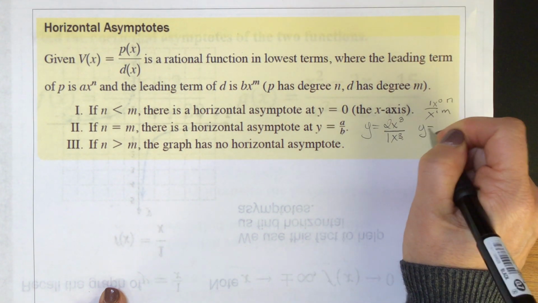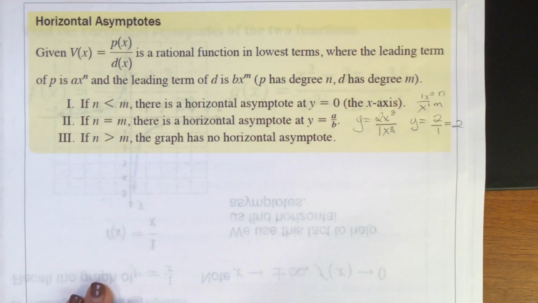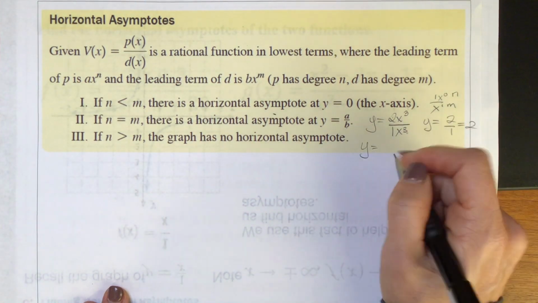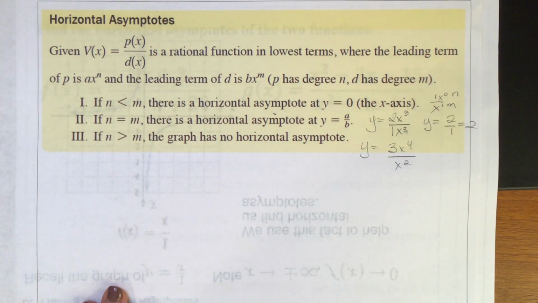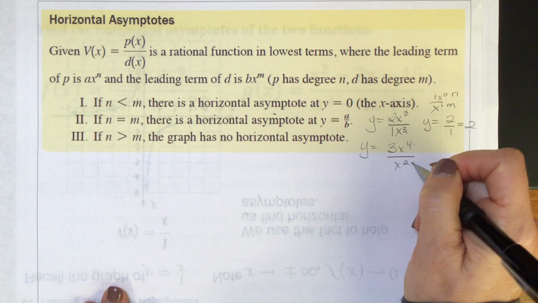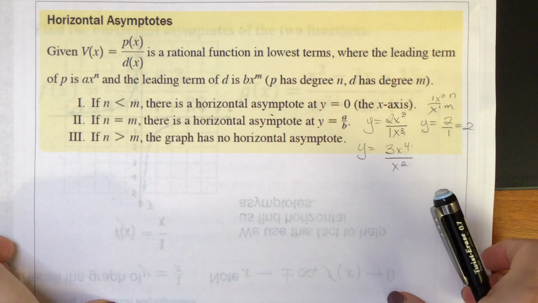So now my horizontal asymptote is 2 divided by 1, or just 2. And then finally, if we have n greater than m, something like this, so n is 4 and m is 2, the graph has no horizontal asymptote, and that's when we talk oblique asymptotes, which will be an optional video next Wednesday.